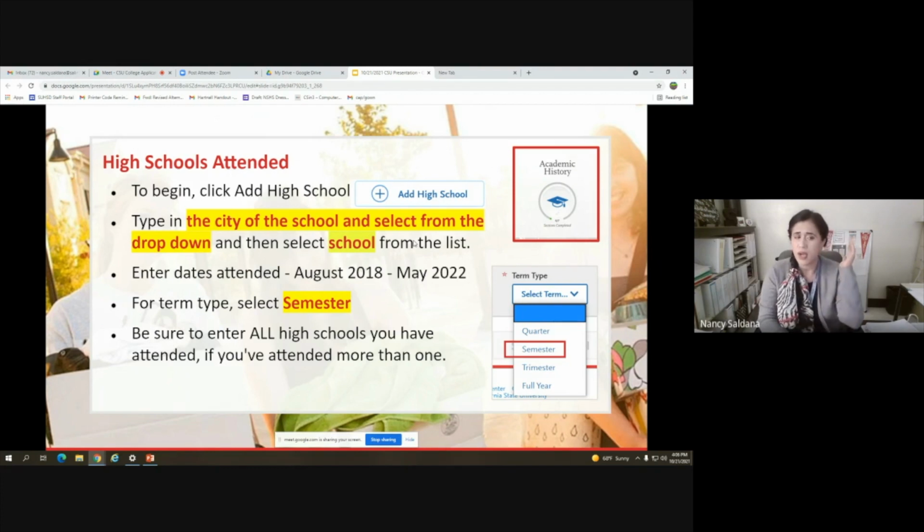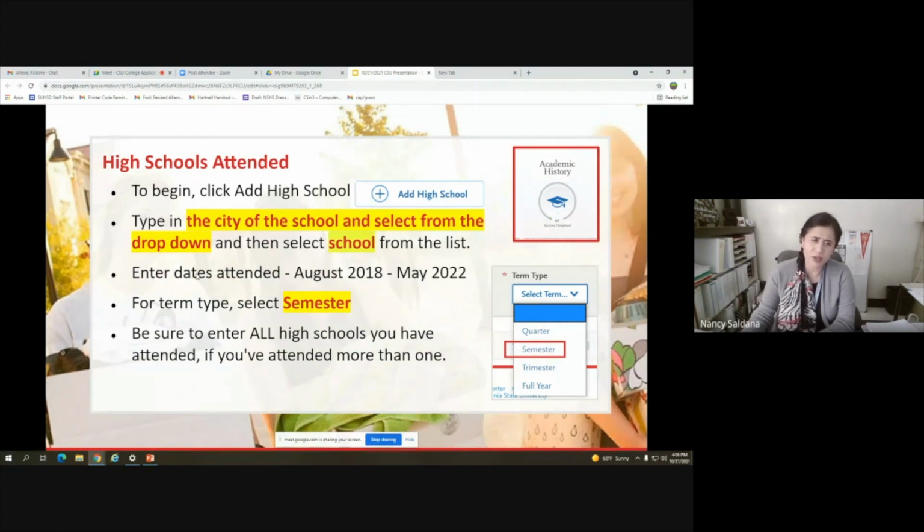If you attended LSL High or Everett Alvarez or another high school, you will also need to report that you attended a different high school. So you need to make sure that you always add all of the high schools that you've attended, and you're going to click here and identify all of the high schools that you've attended.